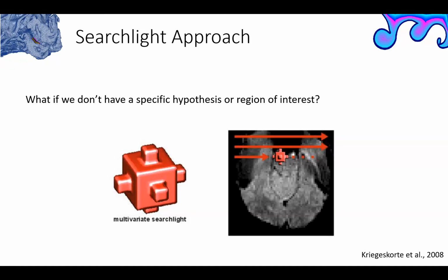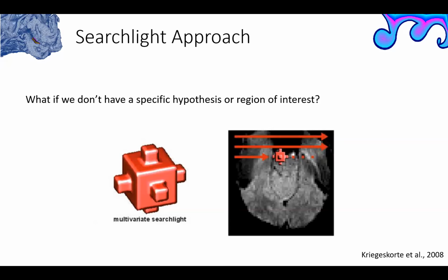Another paper, by Nikolaus Kriegeskorte in 2008, put forward the idea of the multivariate searchlight. The idea is rather simple. You have a sphere of a given diameter, in this case 4 millimeters, a voxelated sphere, I should say. Then you center the sphere on a given voxel and use that as your region of interest.